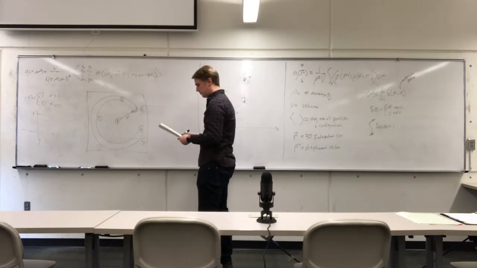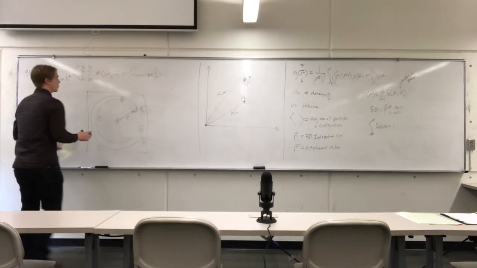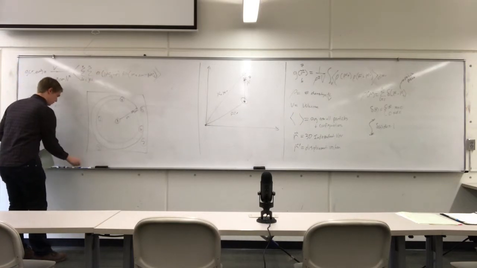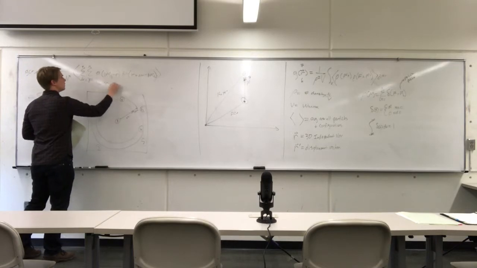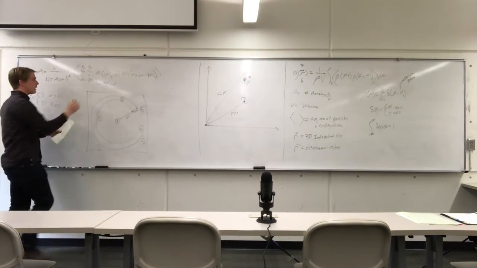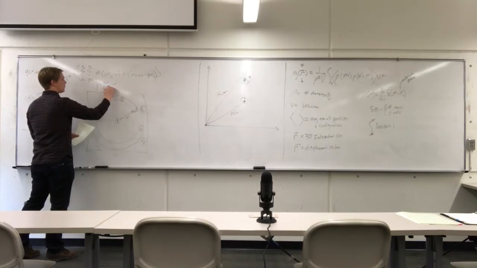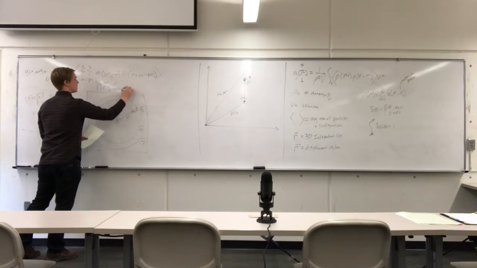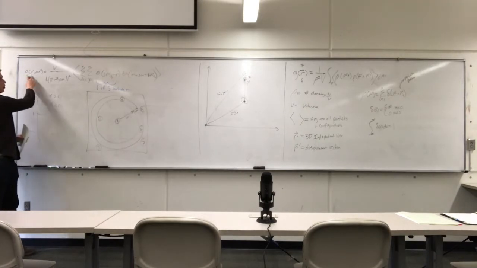So what we're looking at here is this term. This term is 1 if particle j is outside the radius that we're probing.